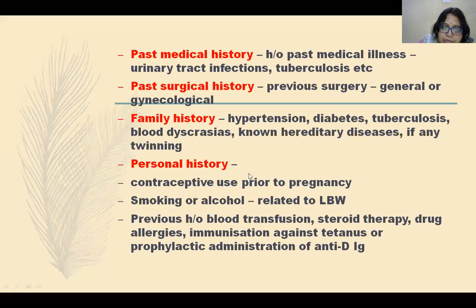Next, any contraceptives which she has used in her prior pregnancy, whether there is any history of smoking or alcohol intake, because these both are related to low birth weight of the baby. Next is any previous history of blood transfusion, any steroid therapy, drug allergies, immunization against tetanus, or prophylactic administration of anti-D immunoglobulin. All these should be taken in personal history.